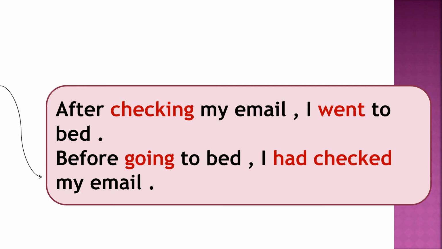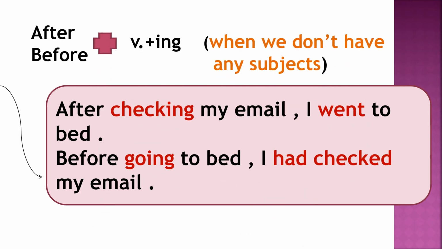Before going to bed, I had checked my email. When we don't have any subjects after or before, we use the gerund form, checking and going. Why? Because here we don't have any subjects.